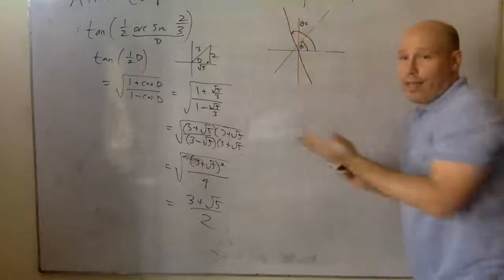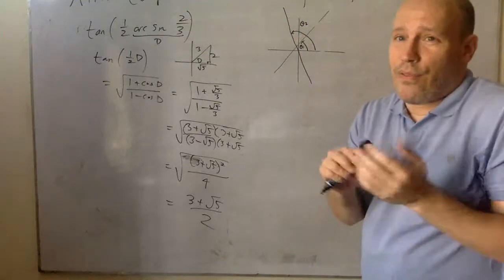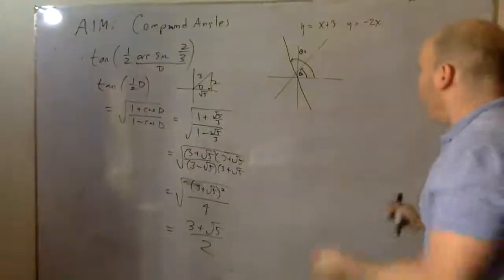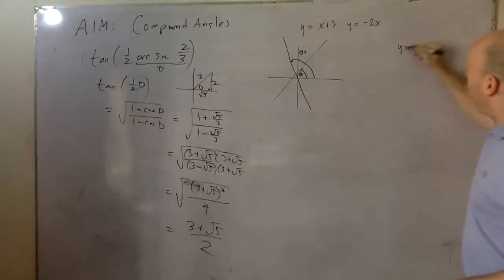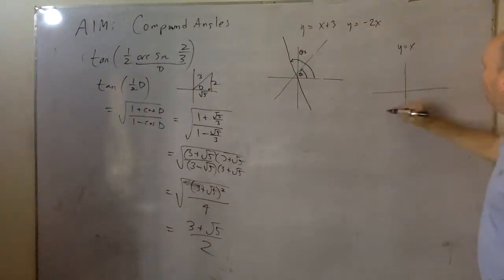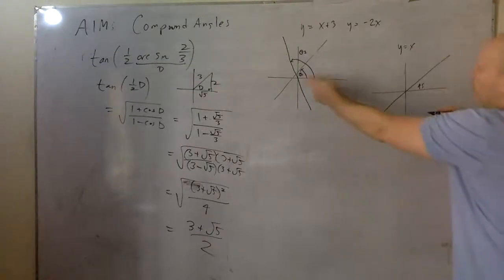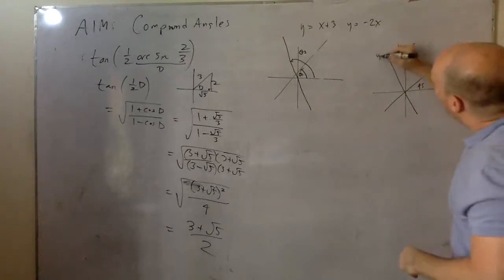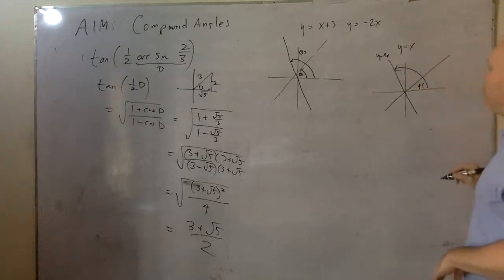Because if we think about this, we never ask you to think about lines as rotations. But if you think about it, going back, if we look at y equals x, this is 45 degrees. So we know that this is 45 degrees. And then y equals negative 2x is some other rotation here.